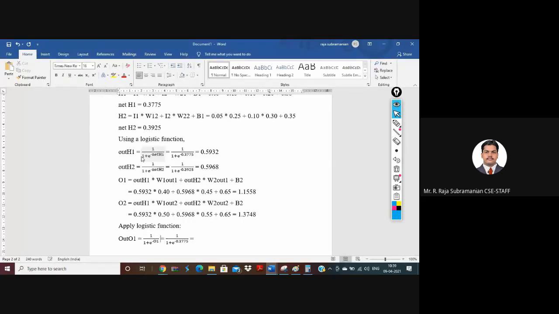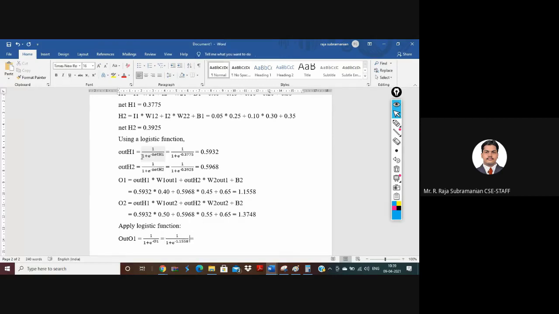The O1 value I obtained is 1.1558. I need to apply the logistic classifier to find the actual output value. Instead of O1, I can substitute here minus 1.1558.